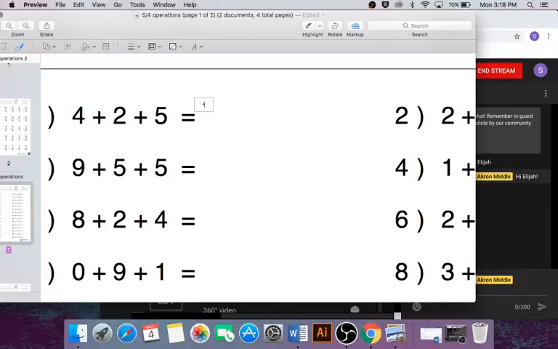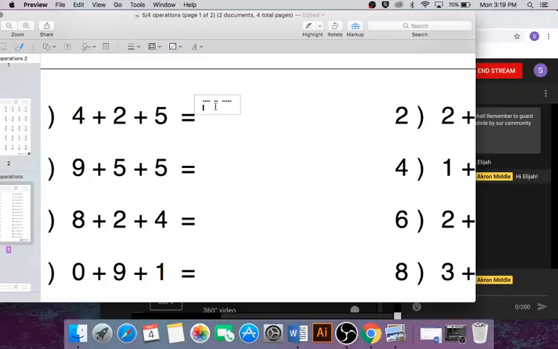If we start with 4, we have 1, 2, 3, 4. Plus 1, 2, plus 1, 2, 3, 4, 5. So we have 4, and we add 2 more, so 4 plus 2 is 6.